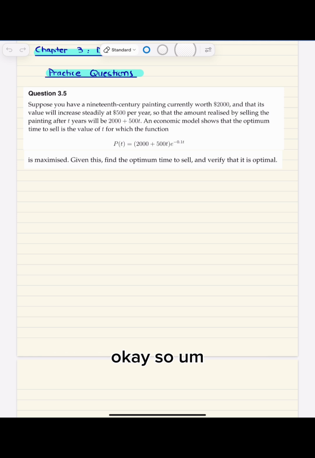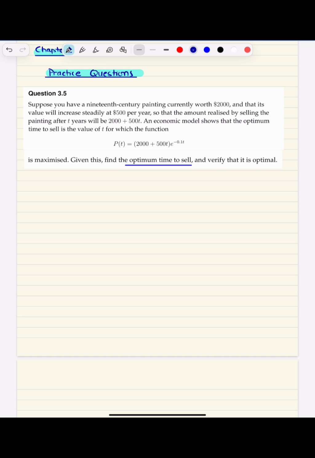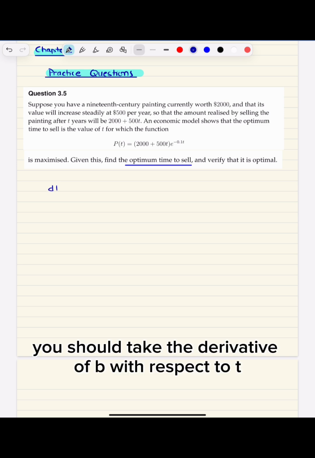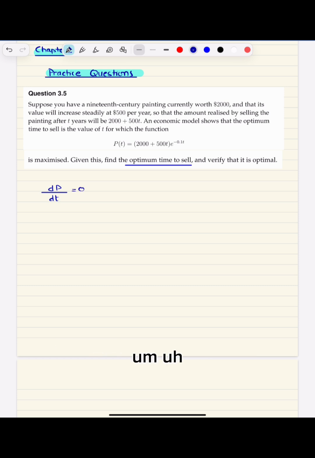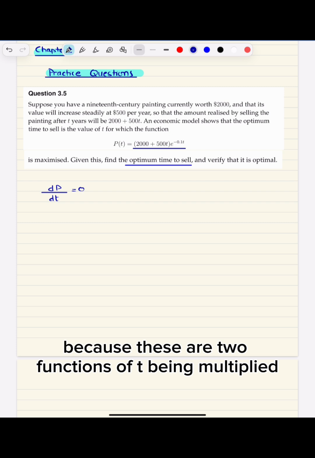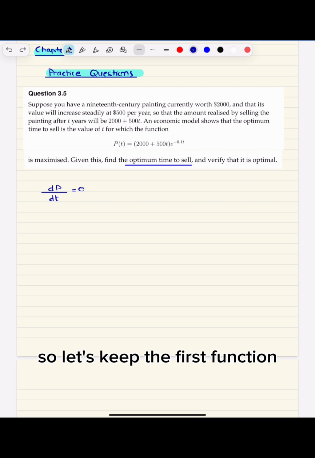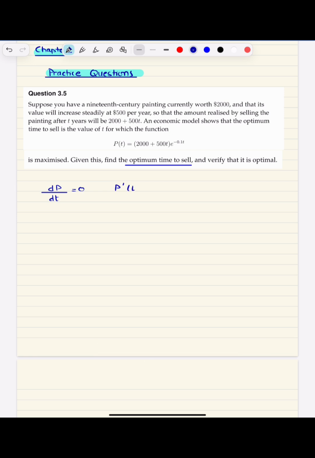Okay, so since it's asking for the optimal time to sell, we should take the derivative of P with respect to T, and we should just put it equal to 0. We'll have to use the product rule because these are two functions of T being multiplied. So let me first write the derivative.